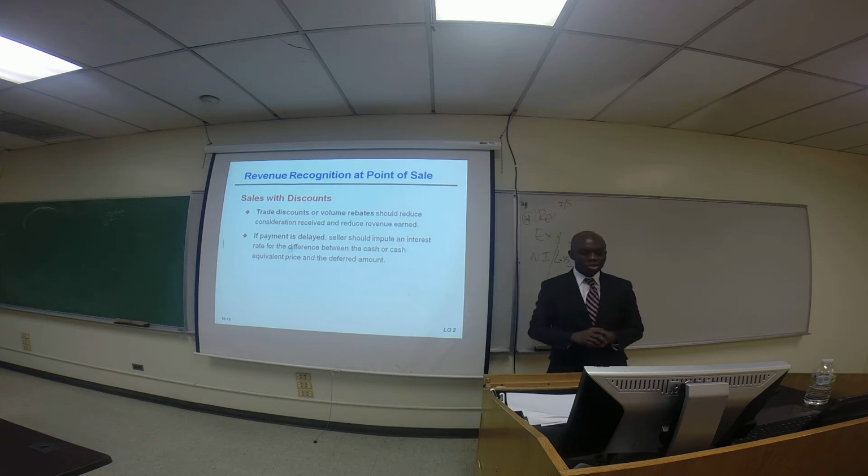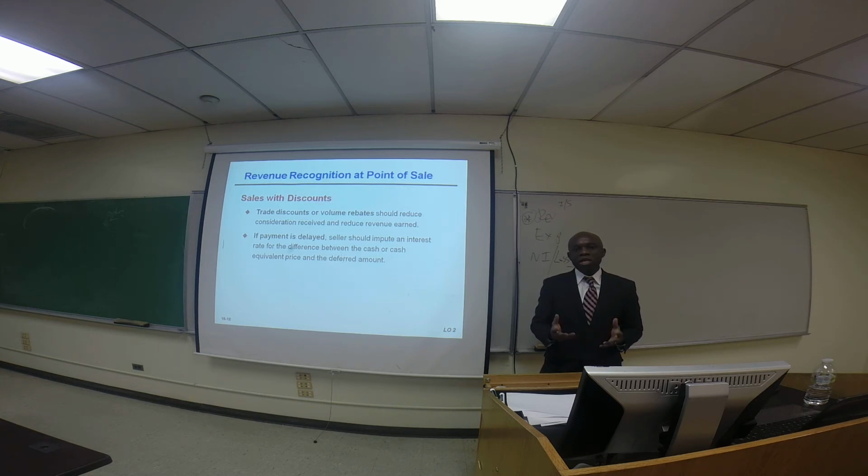Here are the accounting rules. Trade discounts or volume rebates should reduce the consideration received and reduce revenue earned. Meaning the discount that you give to the customer will reduce the potential amount that you are going to receive. Number 2, if payment is delayed, the seller should impute an interest rate for the difference between the cash or cash equivalent price and the deferred amount. What are we talking about here?